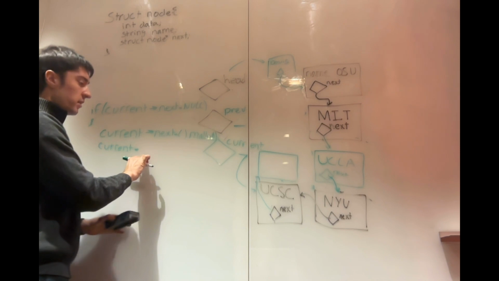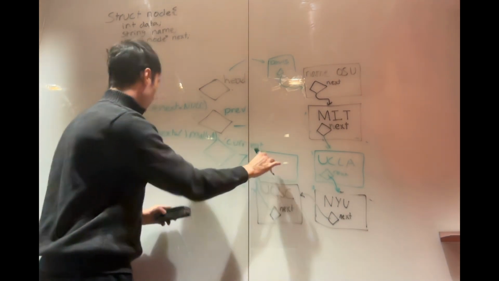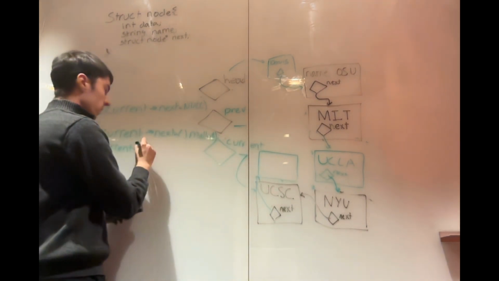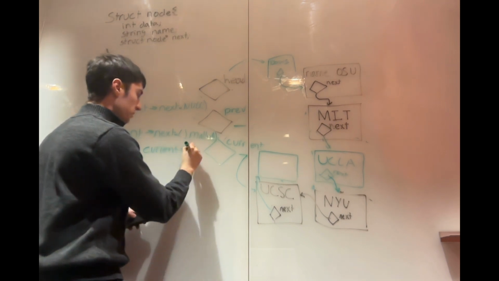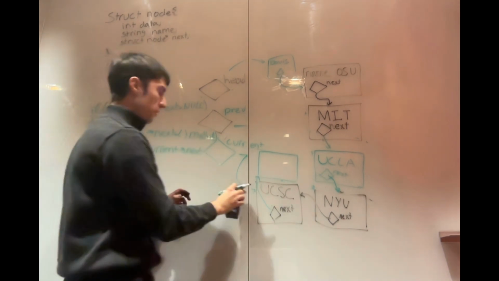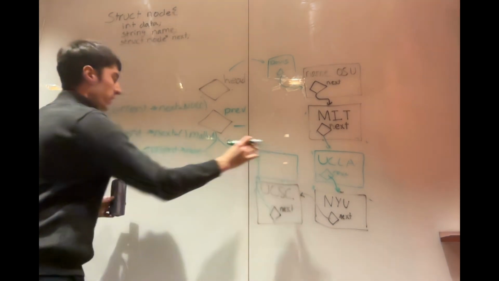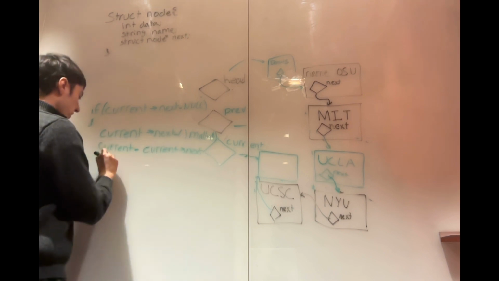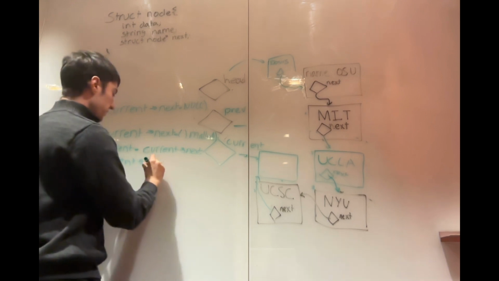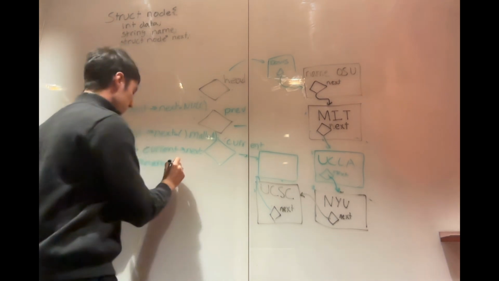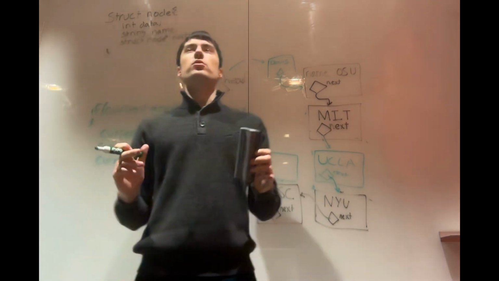So current equals, what do I want? I want current to be pointing here. So current equals current next. Okay, so that changes this to be that. Now I want to change the name. So go to current, access the name element, and set it equal to, what's another school?